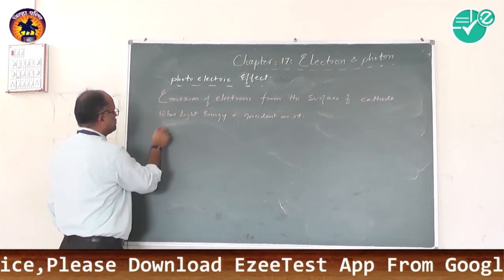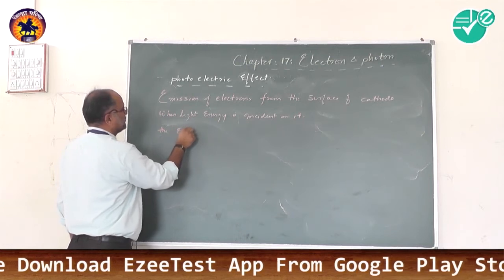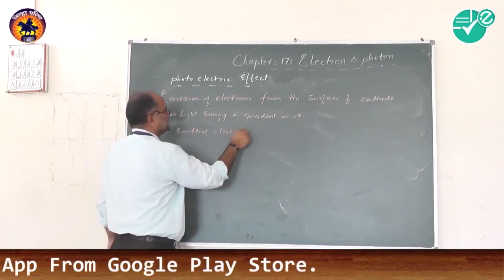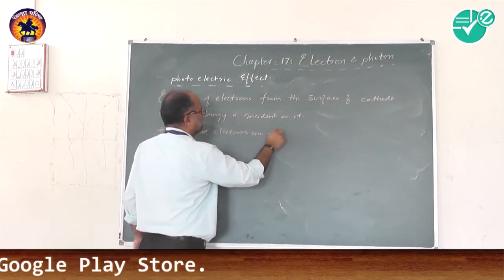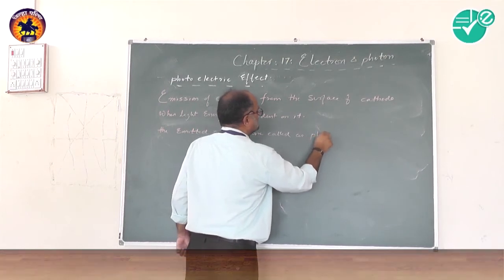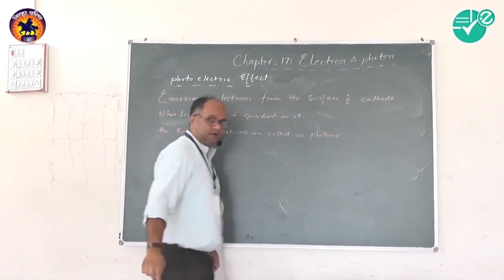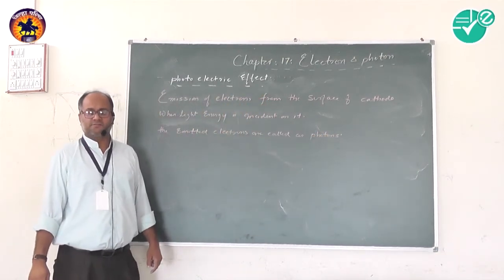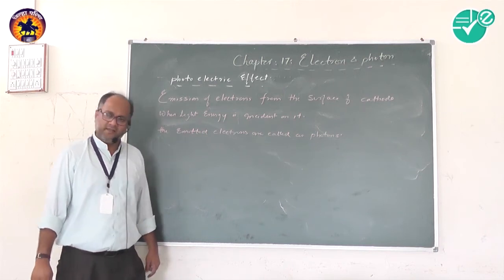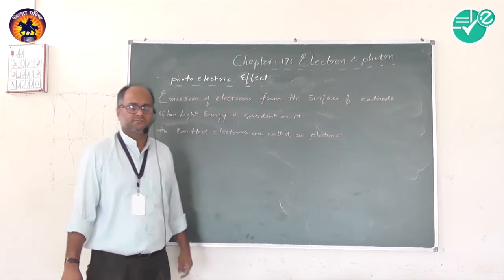The emitted electrons are called photoelectrons.